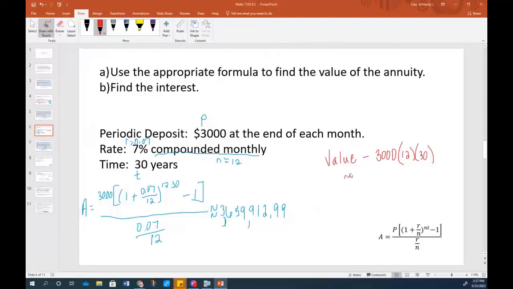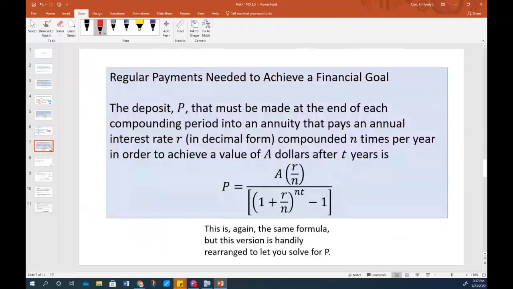So this one, again, we're going to round that to the penny, so that is 2,579,912 and to the nearest penny 99 cents. The only difference in these formulas was those n's, because it's getting paid more than one time a year, or getting compounded. The interest is getting paid.